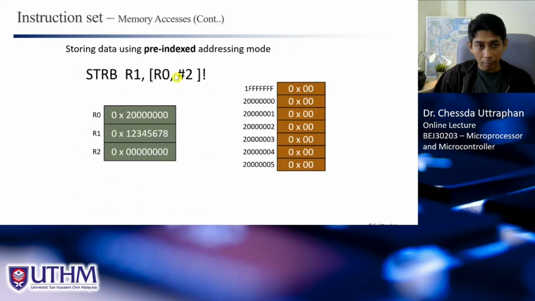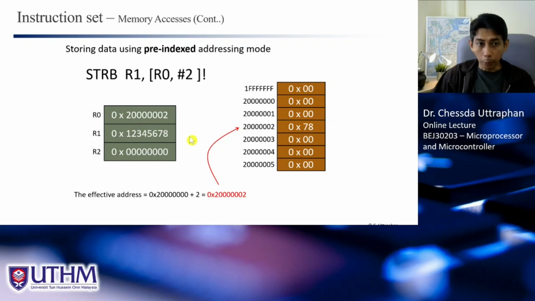Again, pre-index means that if the offset is inside the bracket, we need to get the effective address by adding these two numbers. So we update R0 first, and this will be the effective address, and the data will go to 78 based on the updated value of R0.